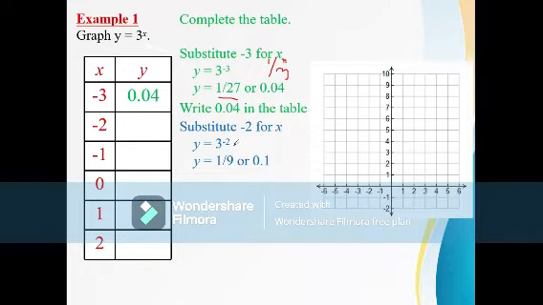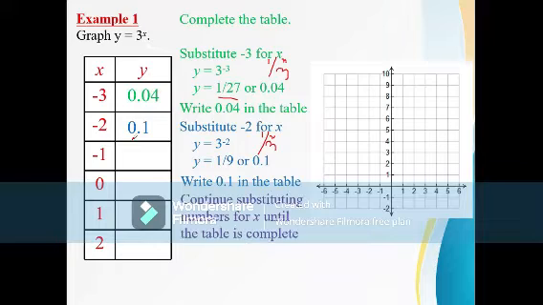Remember, 3 to the power of -2 is the same as 1 over 3 squared. Okay, 3 squared is 9. Therefore, y is equal to 1 over 9, or 1 divided by 9 is 0.1. So write 0.1 in the table.